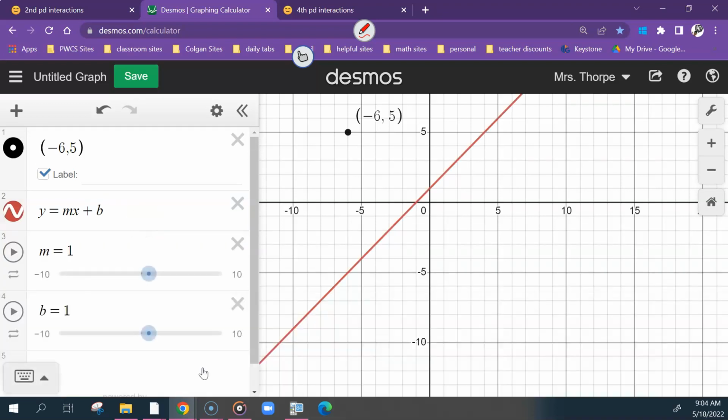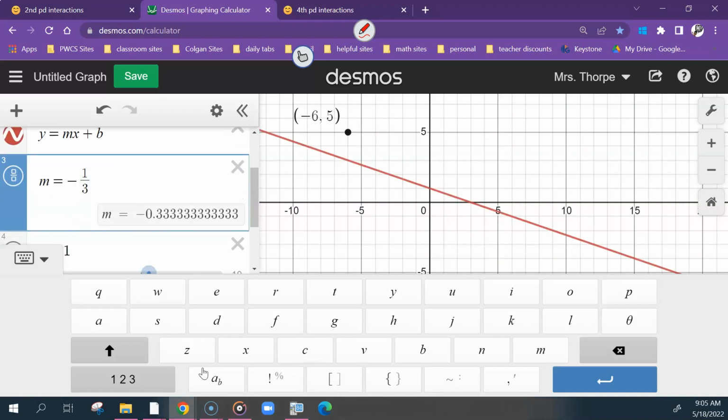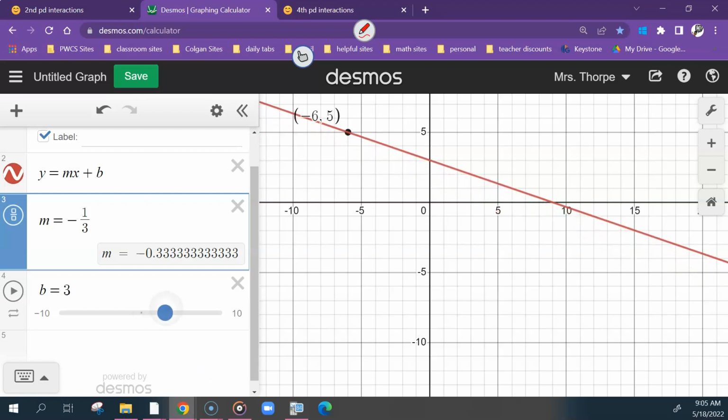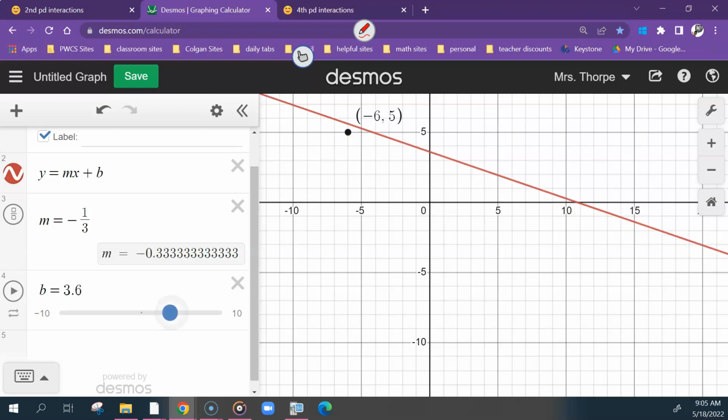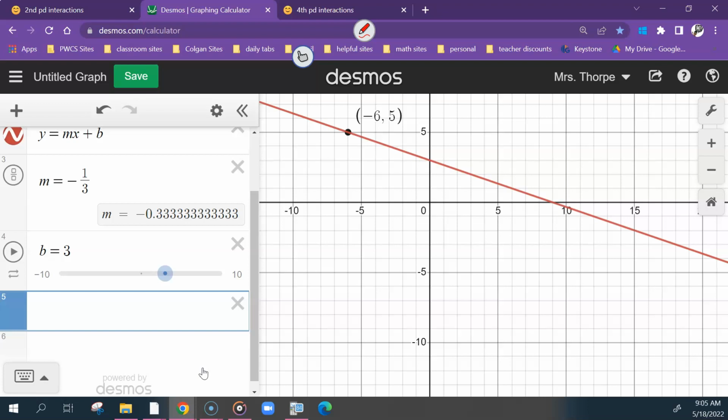And they tell me that my slope is negative 1/3. I'm going to go into this and type that in. And then I just have to move this so that it goes through this point. Make sure this is a whole number as well. So, start moving it up. At 3, it goes through that point, so my equation would be y equals negative 1/3 x plus 3.